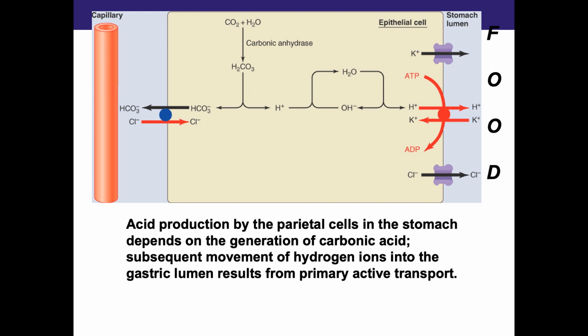So acid production by the parietal cells in the stomach depends on the generation of carbonic acid, and it subsequently moves hydrogen ions into the gastric lumen, resulting from primary active transport. Now, at the same time, as you're pumping protons into the interior of the stomach, you're pumping bicarbonate into the blood. This is another reason why you become so alkalotic, which means your blood has a high pH after you eat a meal, because you've just transported a ton of bicarbonate into the blood, which is your major buffer.